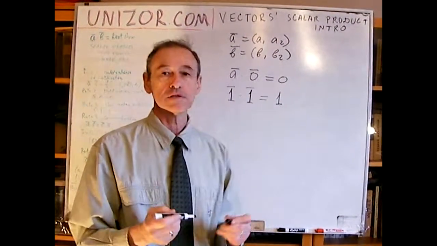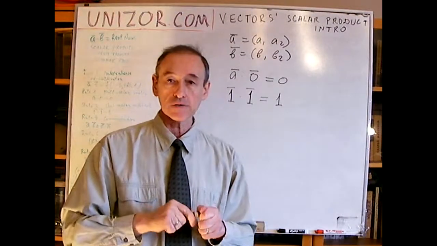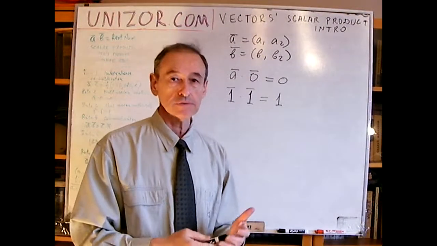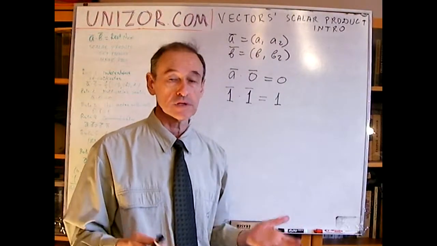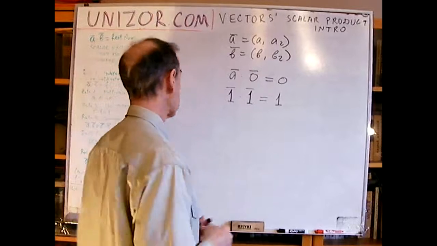I think it's very reasonable to expect that the vector of length 1 multiplied by itself using this scalar product should give the result of this operation equal to 1. I think it's reasonable.